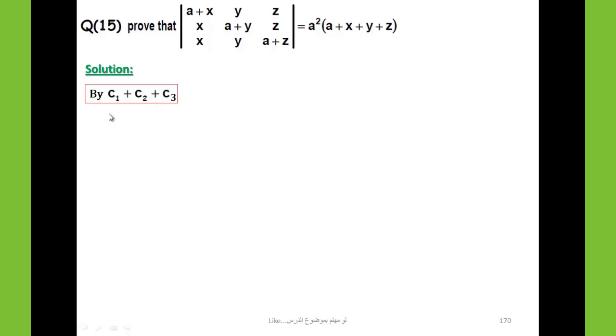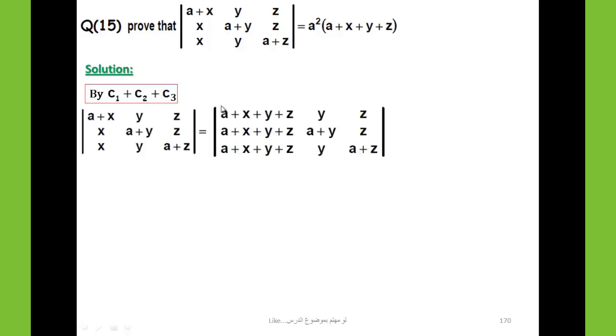So by adding C1 plus C2 plus C3, the first column plus the second column plus the third column, what do we get? We get a plus x plus y plus z.